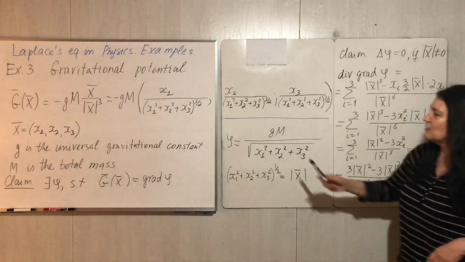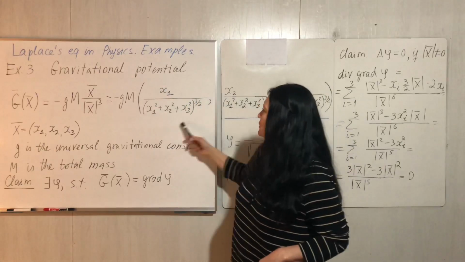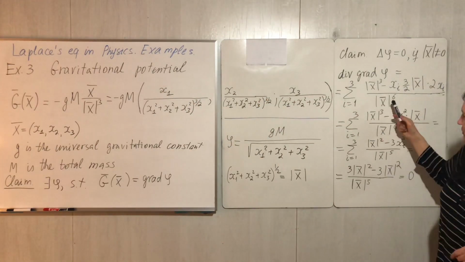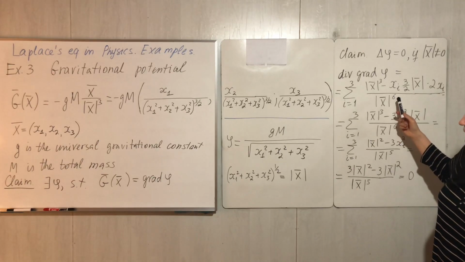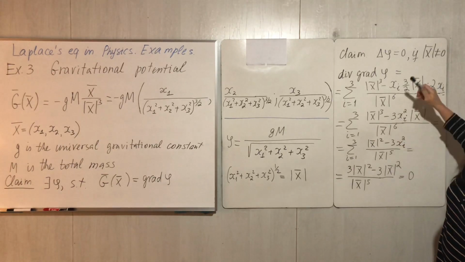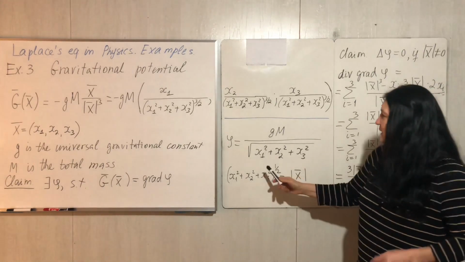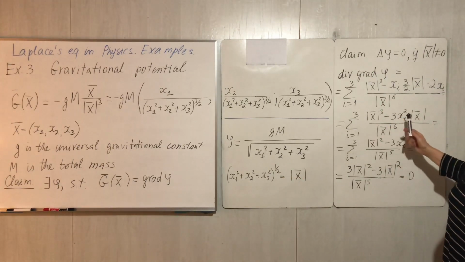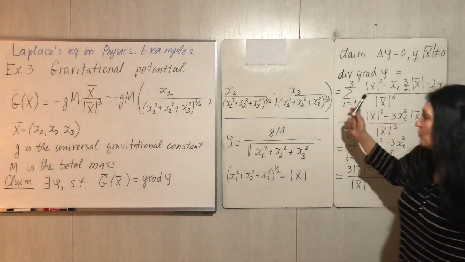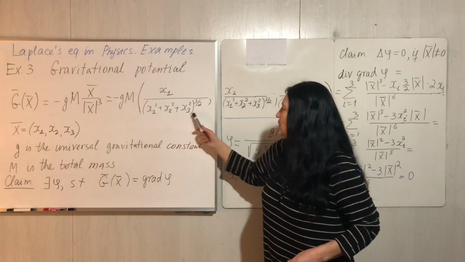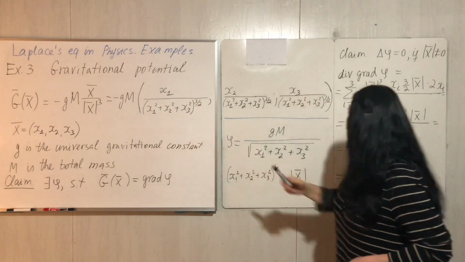So for instance, if we differentiate the first component with respect to x1, I also introduced here some notation just to simplify the computations. When we differentiate, we will use this fraction rule, so the bottom must be squared.